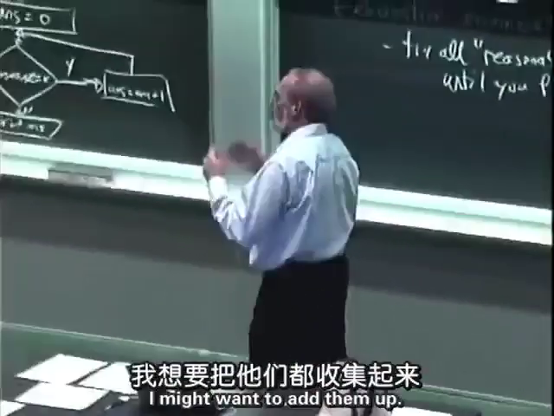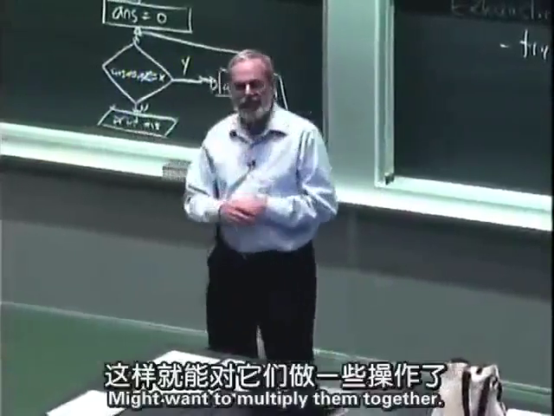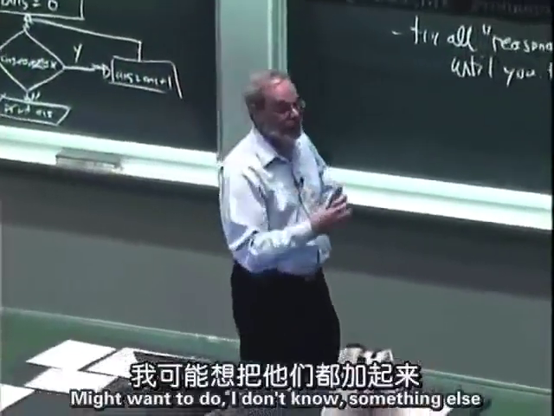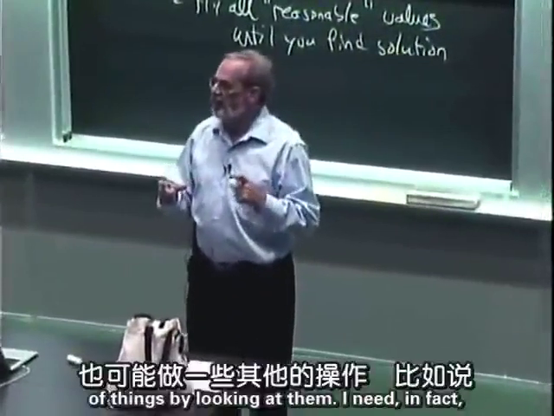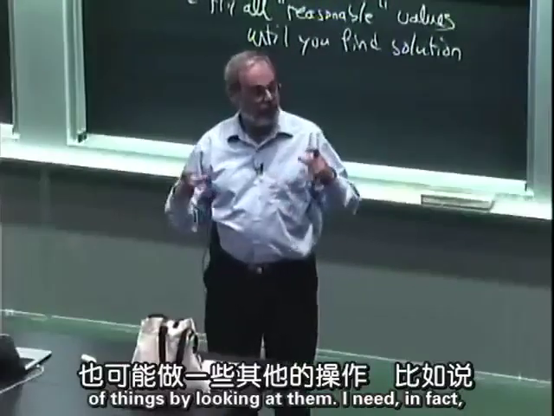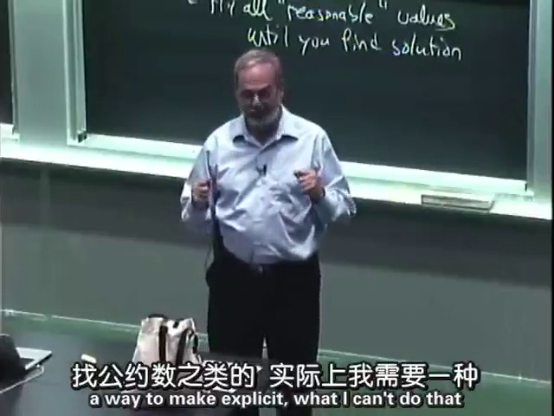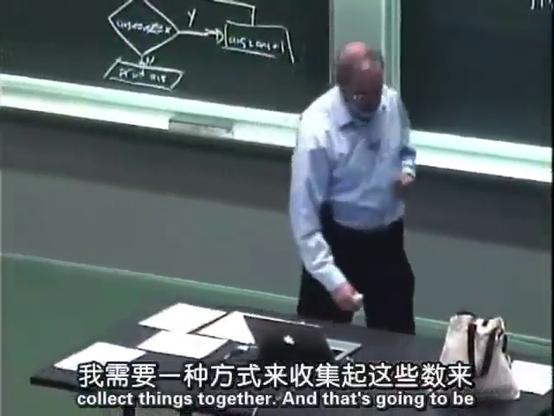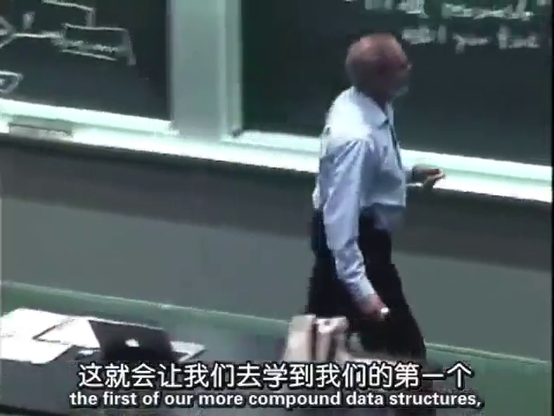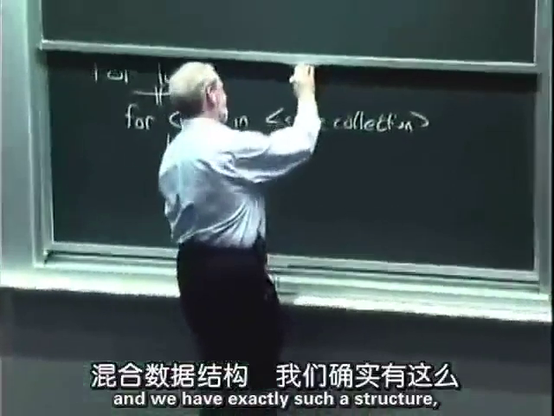Might want to add them up. Might want to multiply them together. Might want to do, I don't know, something else with them. Find common divisors of things by looking at them. I need, in fact, a way to make explicit what I hinted at with range, is I need a way to collect things together. And that's going to be the first of our more compound data structures, and we have exactly such a structure, and it's called a tuple.